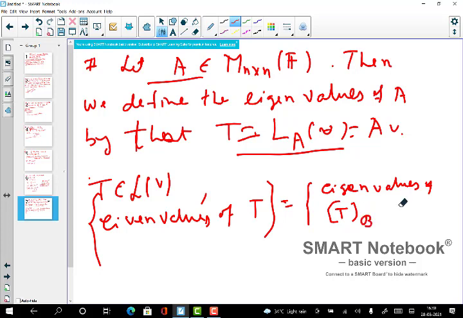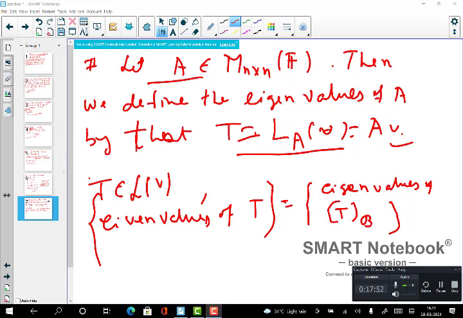So you fix the basis first and then you find out. They are the same. It doesn't matter whether you choose a matrix first and then come to eigenvalues, or from the linear operator you go to the matrix and then to eigenvalues. What is the advantage here? I'm going to tell you the advantage.